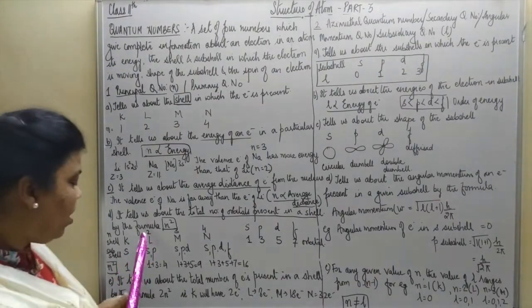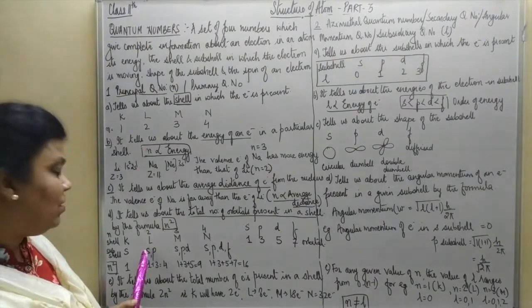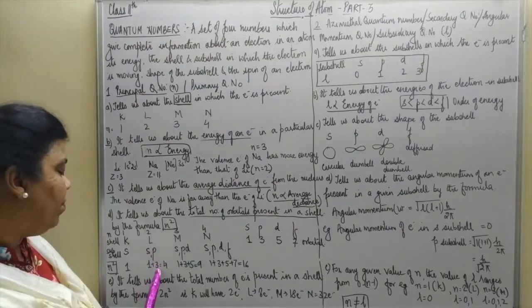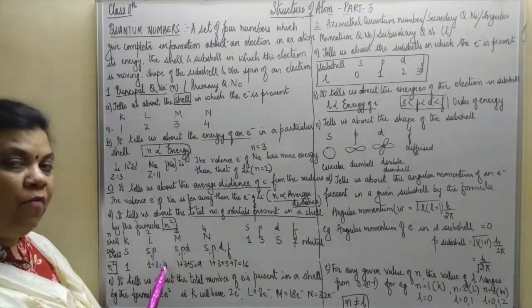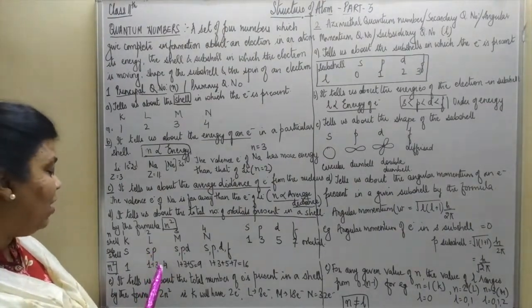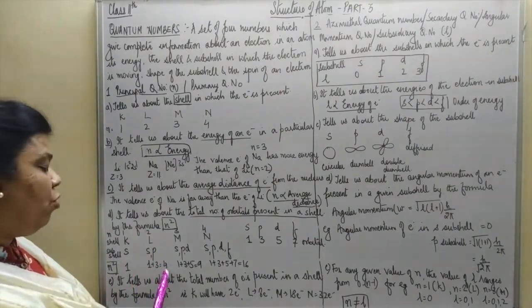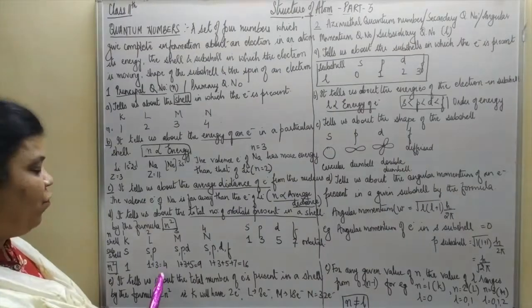Let's talk of L shell. It is having 2 subshells, S and P, altogether 1 orbital of S and 3 orbitals of P, altogether 4 orbitals are present. That can also come from this formula 2 square, which is 4, and here you can see it has 4 orbitals.